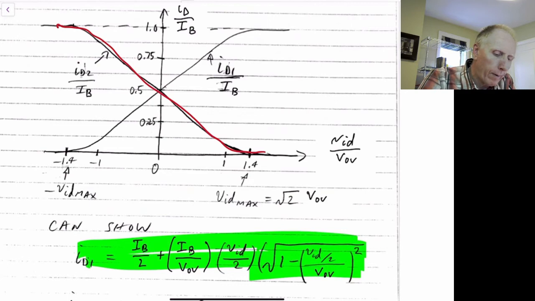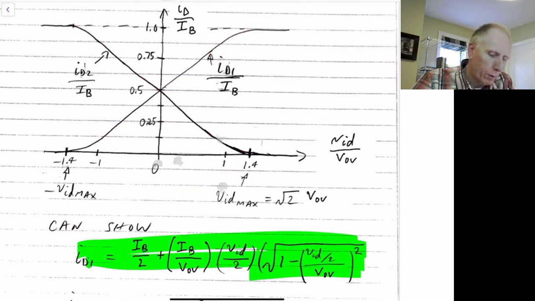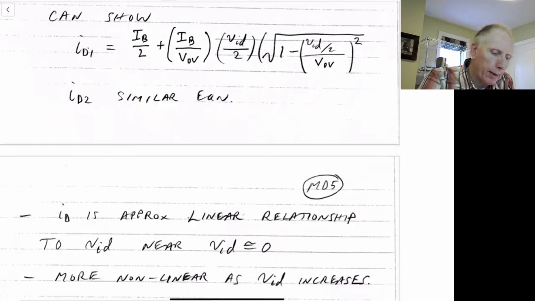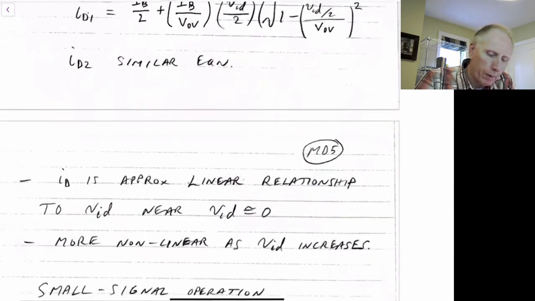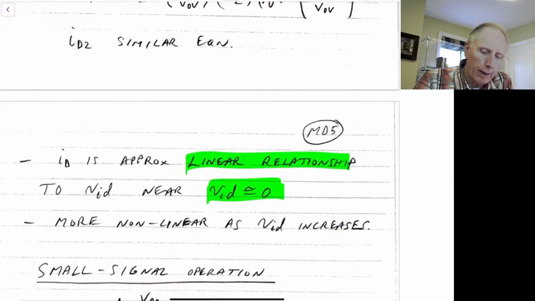What we see is that they're relatively linear in the region around VID equal to 0, but they become nonlinear as we move further away. So ID has approximately a linear relationship when VID is approximately equal to 0 and becomes nonlinear as VID increases.